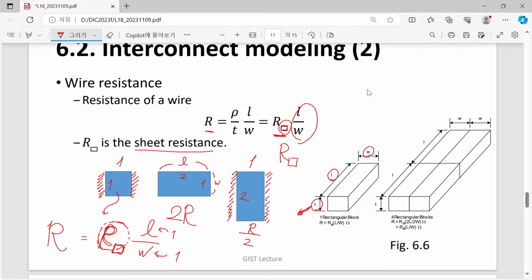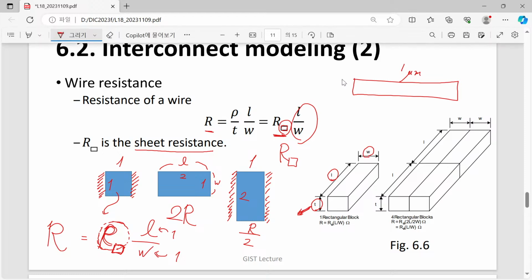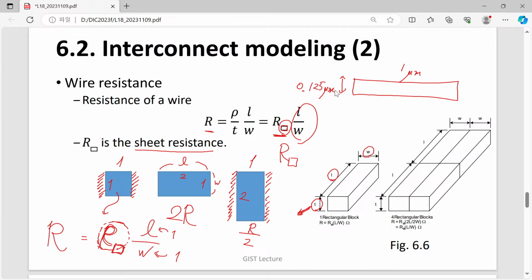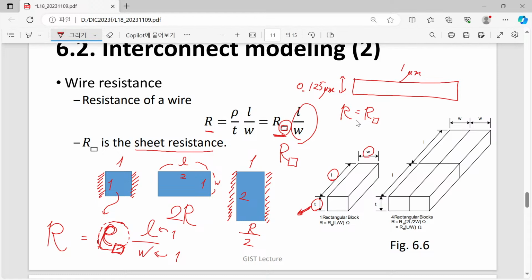Let's have a look at this one. If you have a wire whose length is 1 micrometer and whose width is 0.125 micrometer, then in terms of your sheet resistance, what is the resistance of this wire?